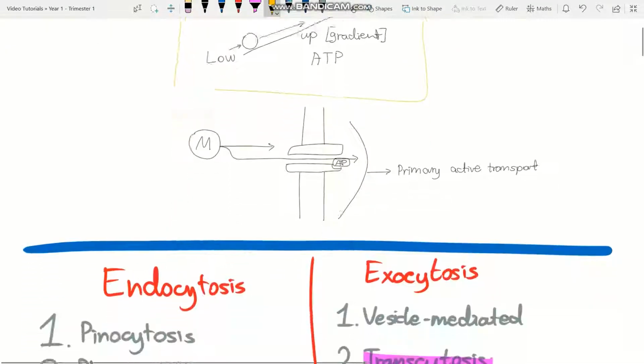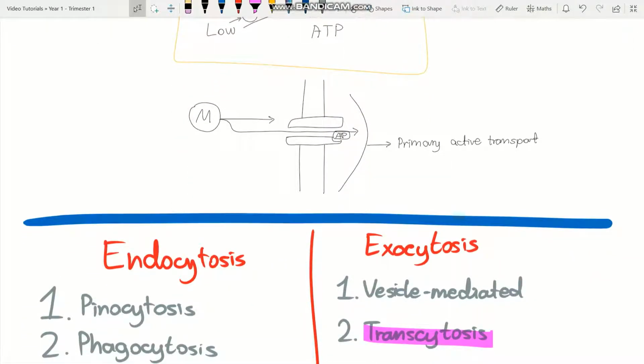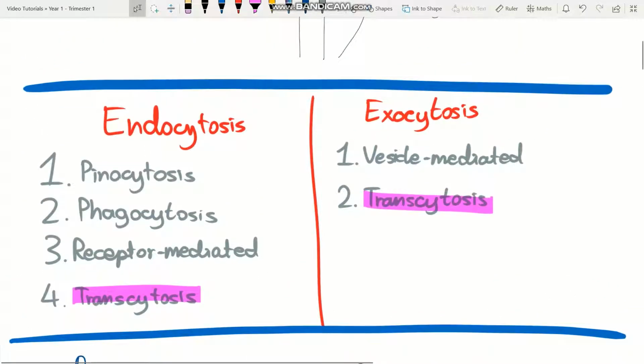It can involve primary active transport, which involves the direct hydrolysis of ATP, providing energy for the process, and involves two main steps, endocytosis and exocytosis, which within themselves contain pinocytosis, phagocytosis, receptor-mediated endocytosis, and in exocytosis, vesicle-mediated exocytosis. They also both contain transcytosis because this process overall contains both of these.